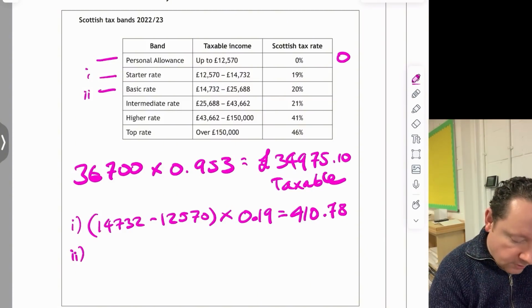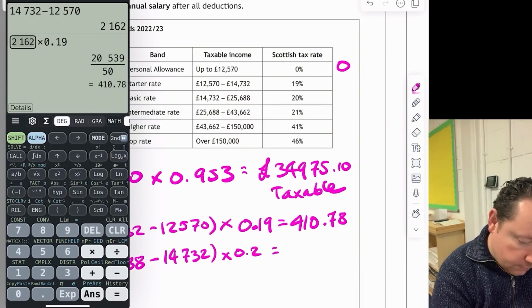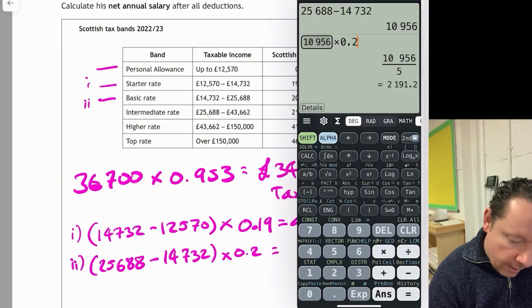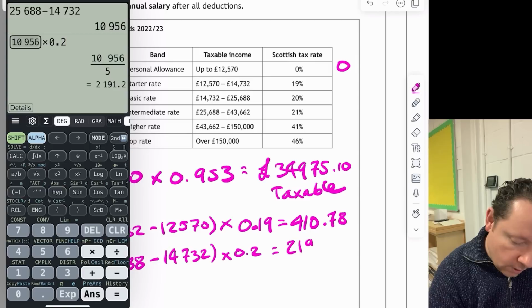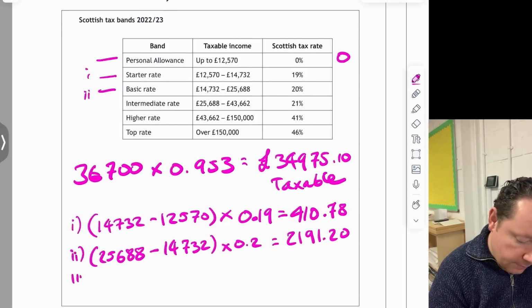So I'll just do 25,688 minus 14,732 times 20% this time, so 0.2. Calculating again, taking my time, 25,688 minus 14,732 times 0.2 is 2191.2. So 2191.20. Okay, that's that one done.